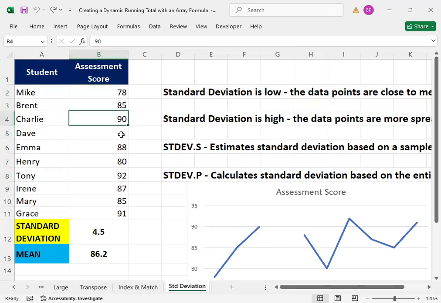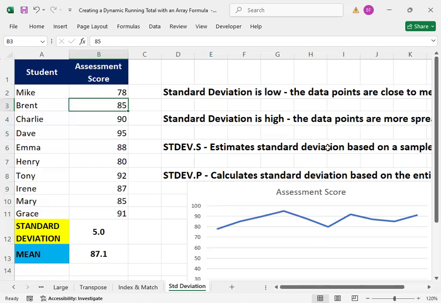Let me say if the standard deviation is 20 plus, right now it's 5. So let's say if I put 20 plus, it would mean extreme variation. So let's say, for example, some students scoring 40 and others scoring 100.